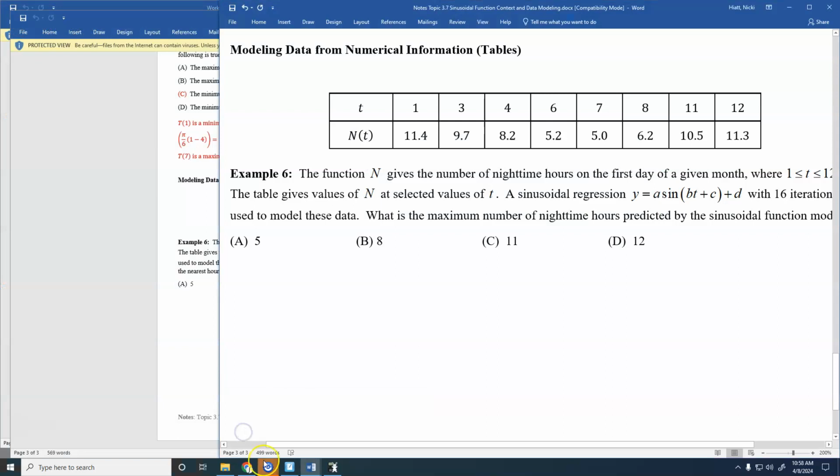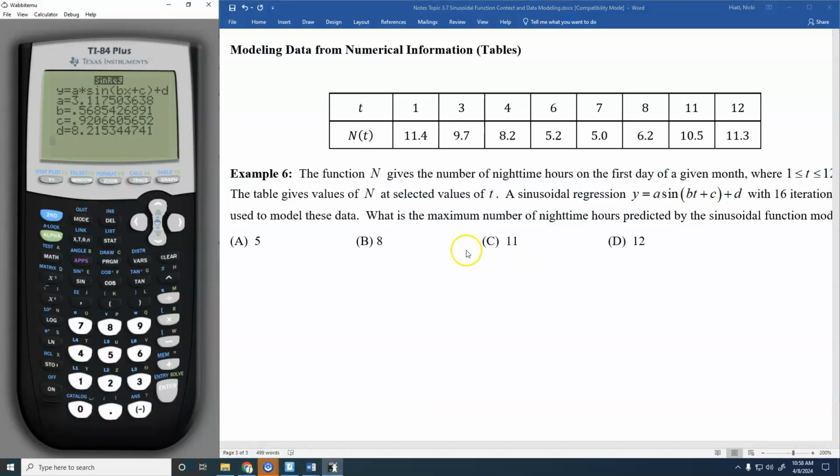Where we at? Okay. All right, so it wants to know what is the maximum number of nighttime hours predicted by this sinusoidal function. So we could go to our graph and find a maximum point. That would work for this. But it takes a little longer. Plus, you got to get your window right, and it's just kind of aggravating.